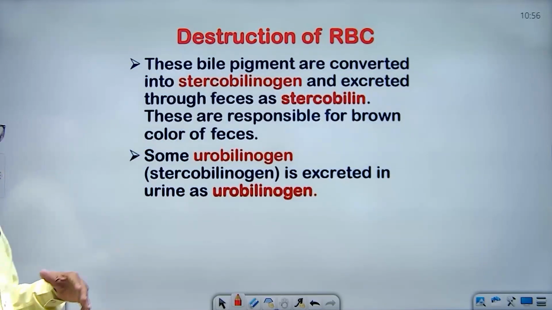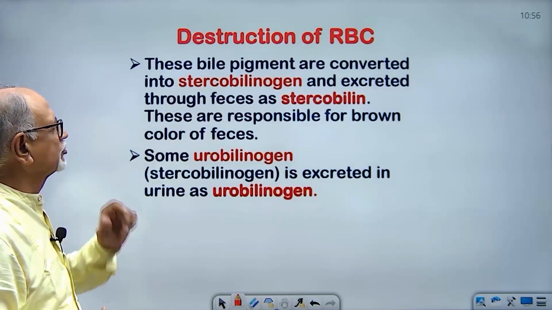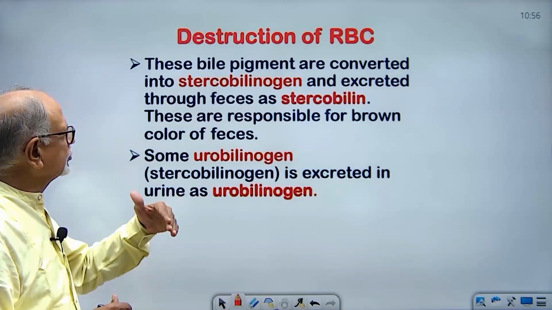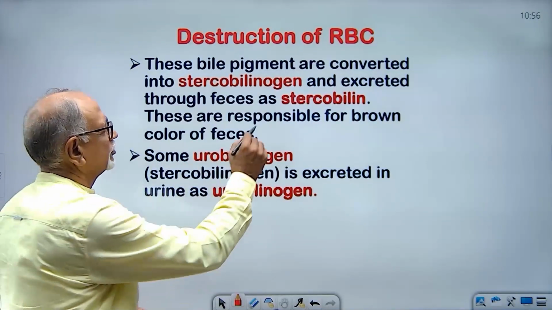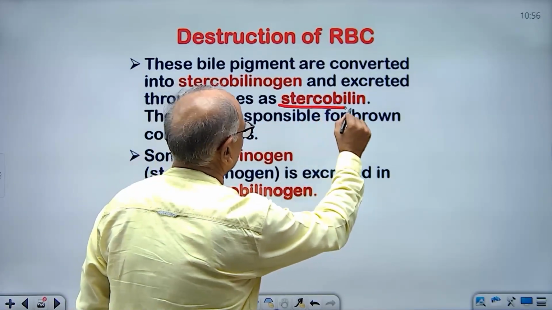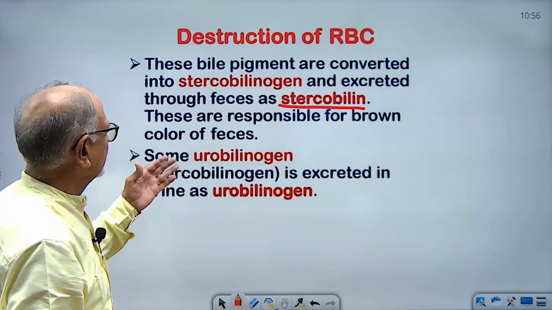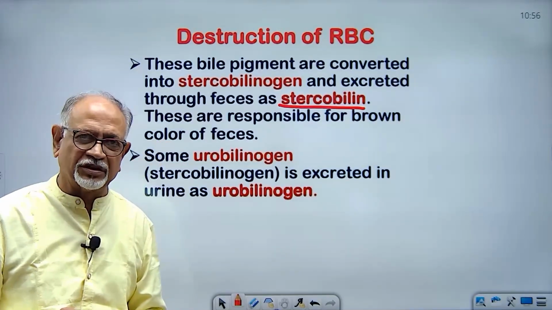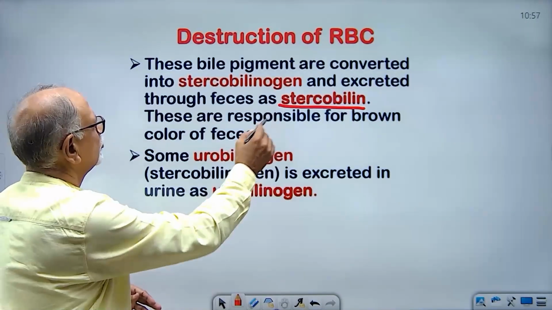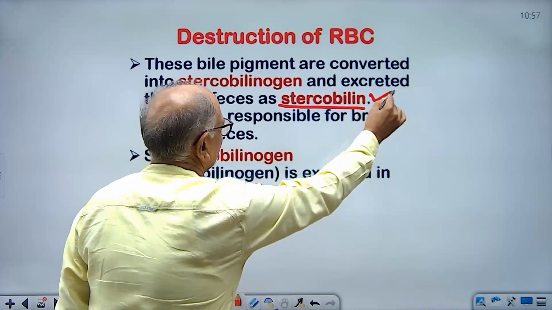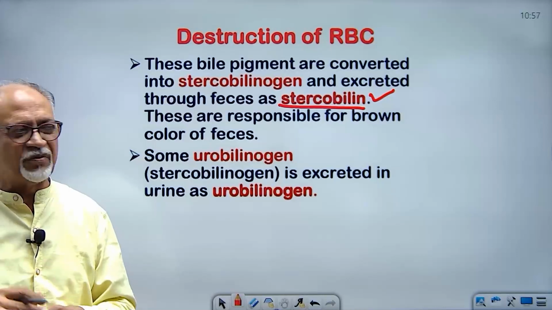Now here in the intestine, these bile pigments are converted into stercobilinogen, which is excreted through the feces as a yellow-brown pigment called stercobilin. The color of the fecal matter, that is brownish yellow, is due to this degraded bile pigment present in the feces.